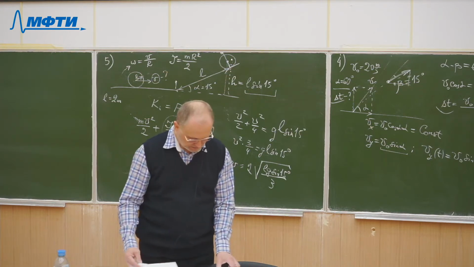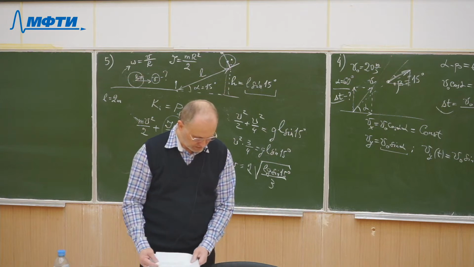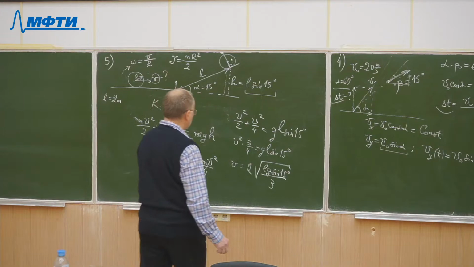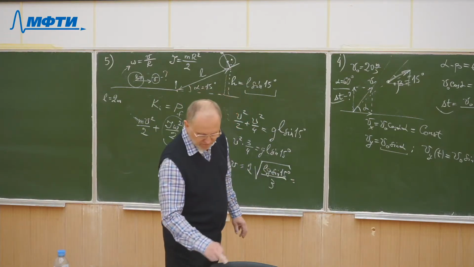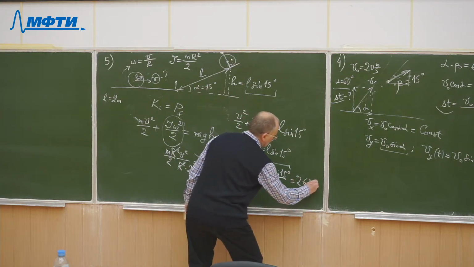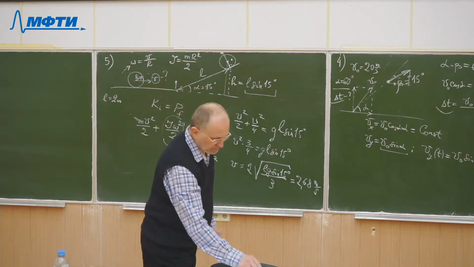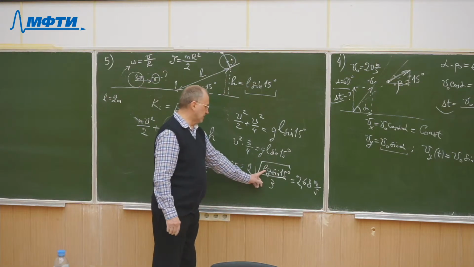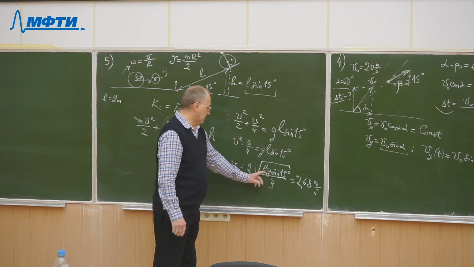And if you carry out all these calculations, you will find that the initial velocity of the disk is about, I have forgotten the value, is about 2.68 meters per second. If you carry out all the calculations correctly, L is 2 meters, g is 10 meters per second squared.